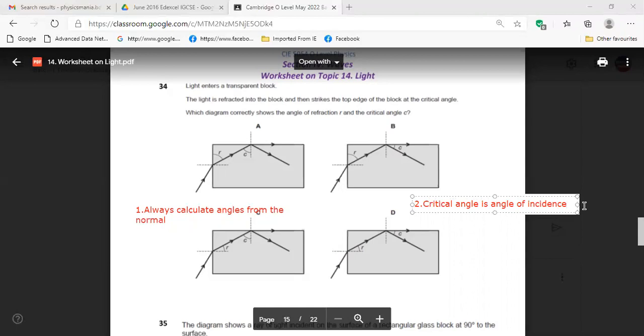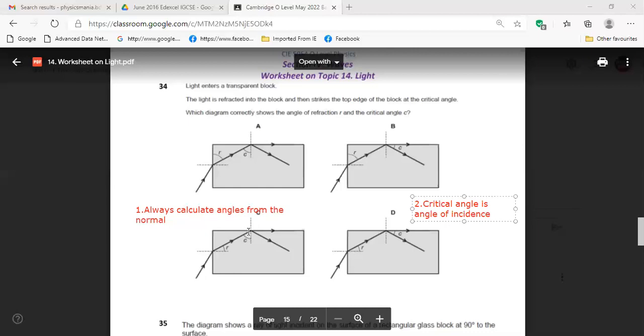Is it clear? So it should be between the incident ray and the normal. Now look here, this one is the refracted ray for the first surface. But for the second surface, it is the incident ray, isn't it?